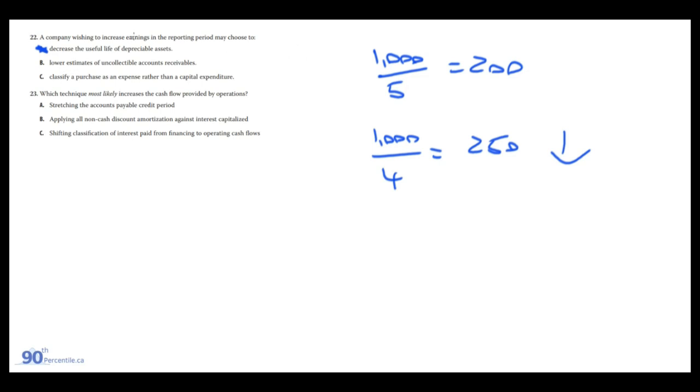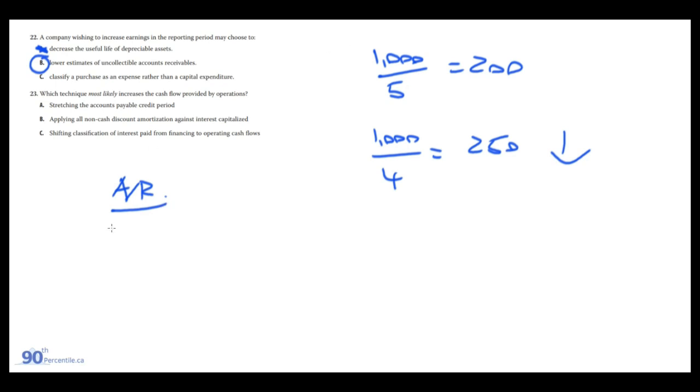B, once again, we're looking at increasing earnings. Lower estimates of uncollectible accounts receivables. Yeah, this is actually the answer, because when you write off any accounts receivable, it's assumed to be bad debt. Customers owe you money, but maybe they've gone bankrupt or something. You're not going to get your money even though you provided a product or service.